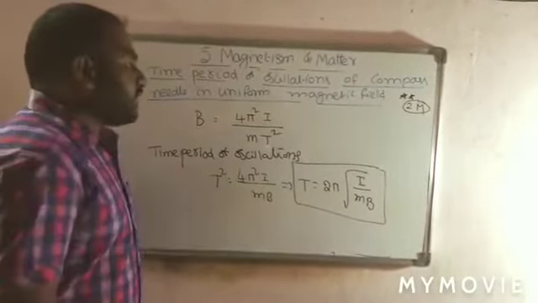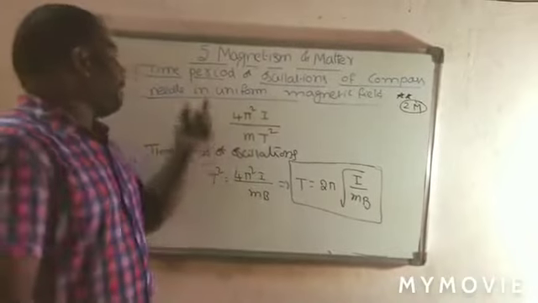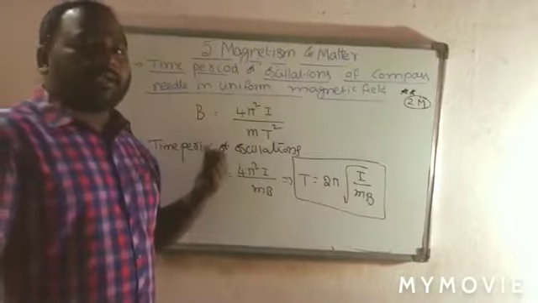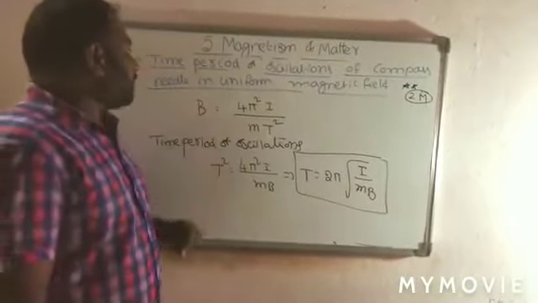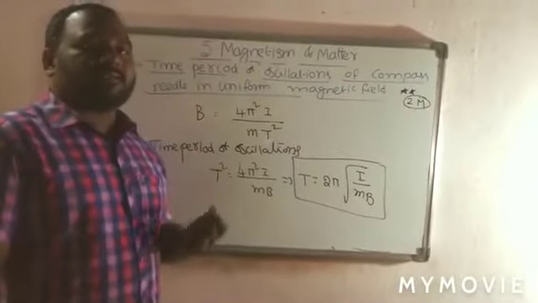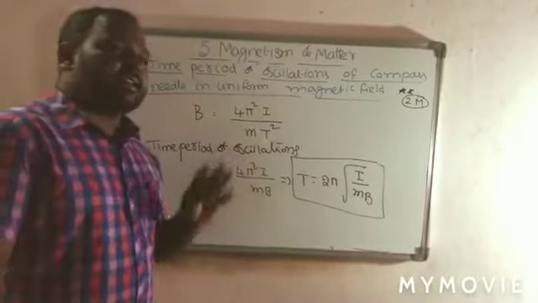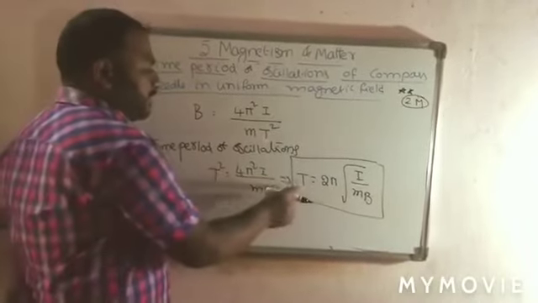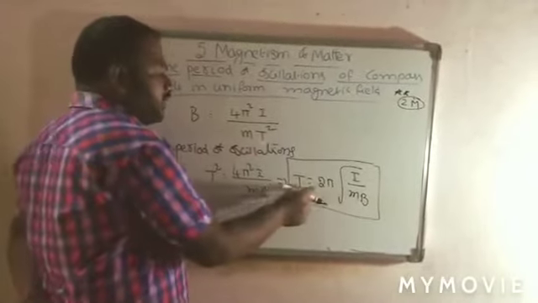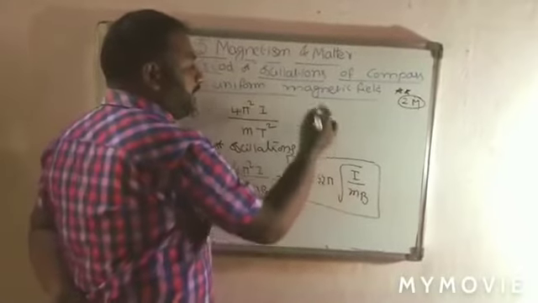They are going to ask the question: write the expression for the time period of the oscillations of a compass needle when it is placed in a uniform magnetic field, and indicate the terms also. Now the expression you have to write is T is equal to 2 pi root of I by mb.